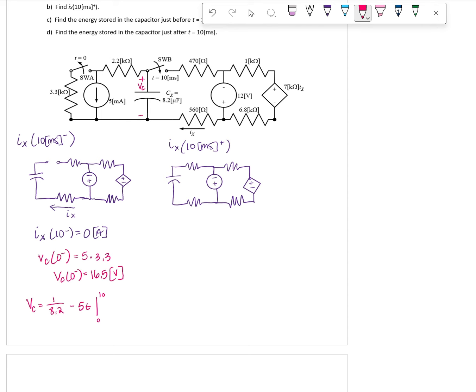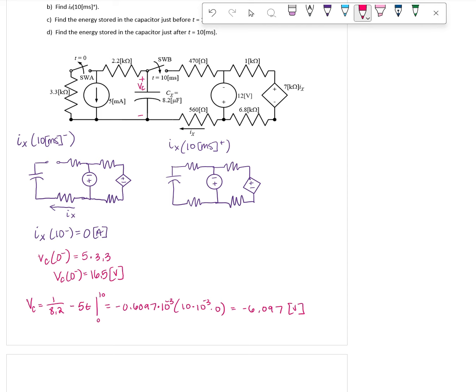And this will give me negative 0.6097 times 10 to the negative 3 for the microfarads times 10 to the negative. So that'll give me negative 6.97 volts. And this will be the voltage at 0.